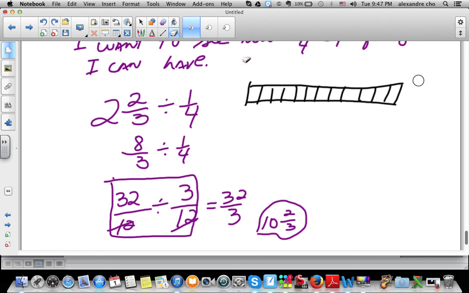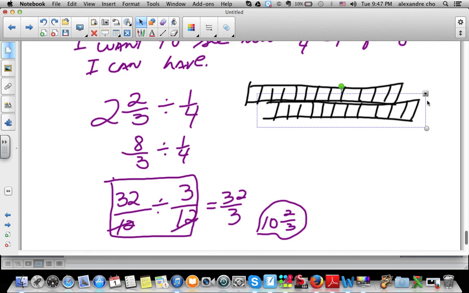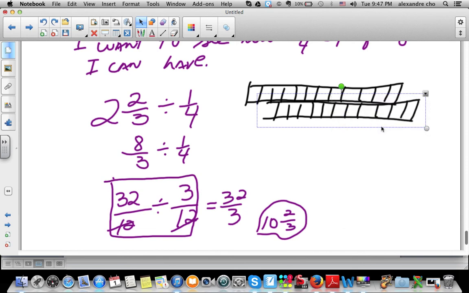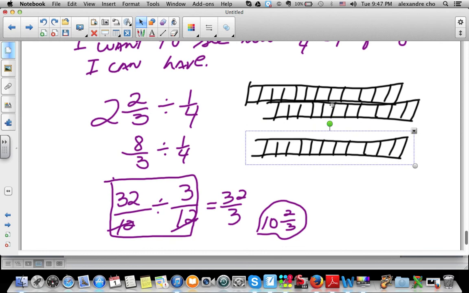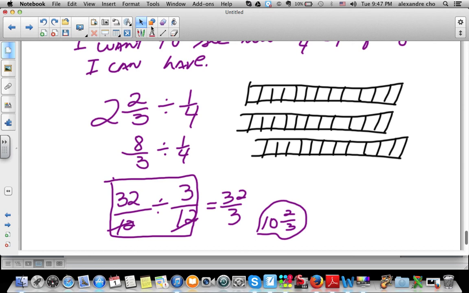And what I can do is clone this 3 times. Clone. And clone that again. There we go. And we want to show 32.